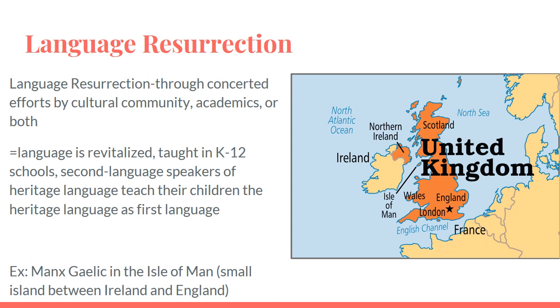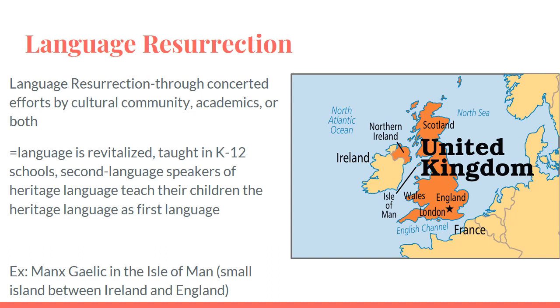One important feature of language revitalization is that the native language is being taught in the K through 12 setting to children, so that children will pass on that language to their children. So it's intergenerational transmission.